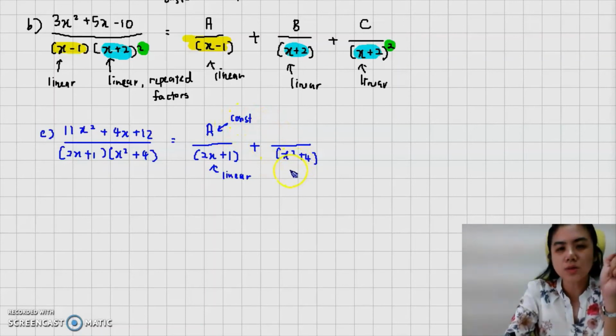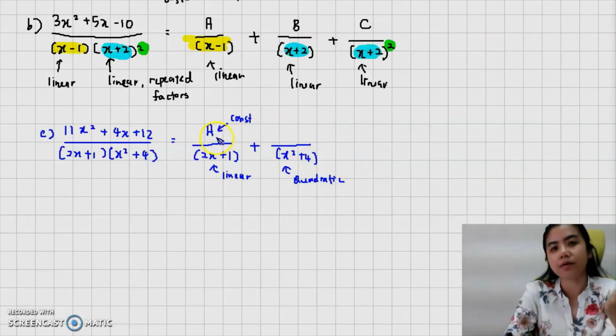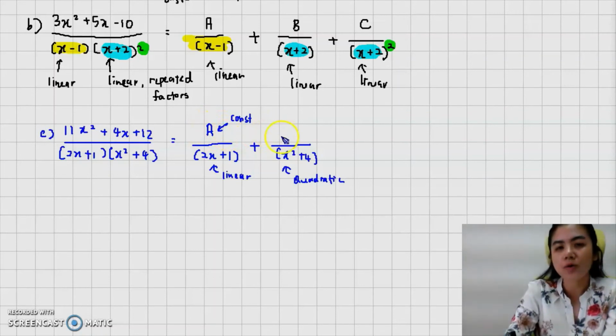For this one it is a quadratic, so you have another different factor that is quadratic, and on the top it should be linear. But we have to continue the alphabet. We have used the alphabet a for the constant, then we continue with the alphabet b. So we have bx plus c.